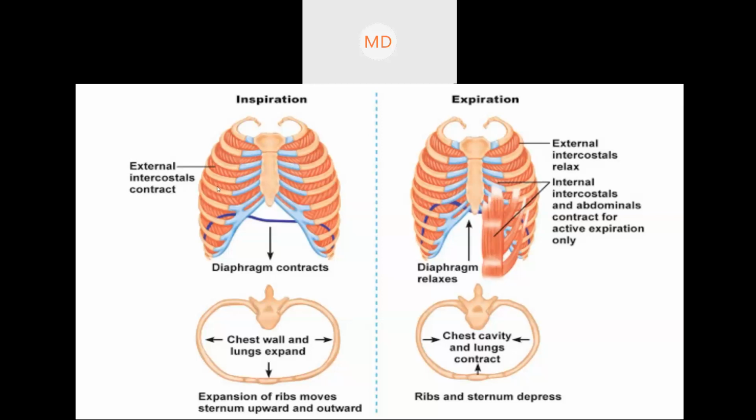The external intercostal muscles have an active role, therefore inspiration is an active process, right? The internal intercostal muscle doesn't generally play an active role. The external intercostal muscles pull the ribs outside, so that the thoracic cavity volume will increase. When this one contracts, that one relaxes, so it does the opposite thing.